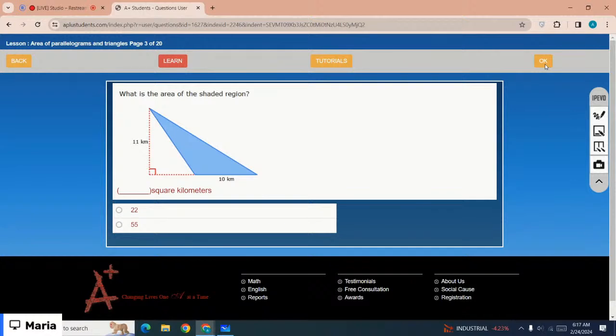What is the area of the shaded region? You need to calculate the area of the triangle.